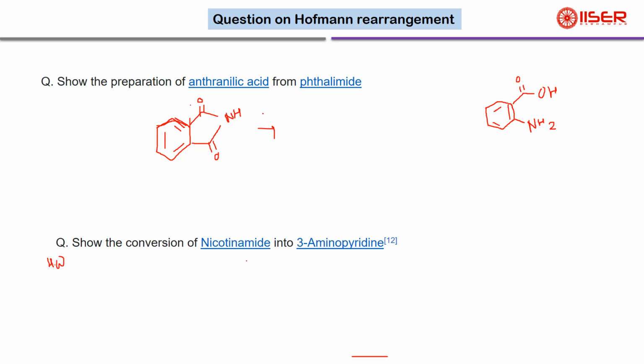If you add a base to this one, this center will be hydrolyzed. It will open and form this acid amide, 1,2 acid amide.